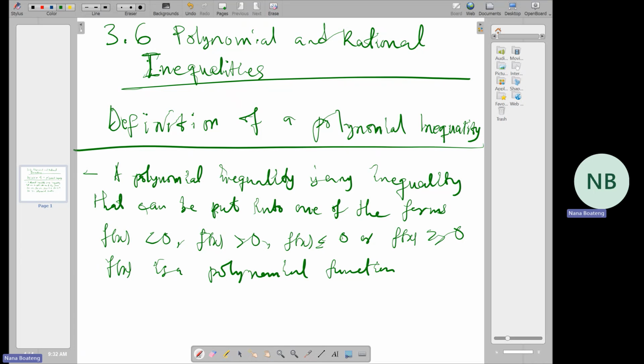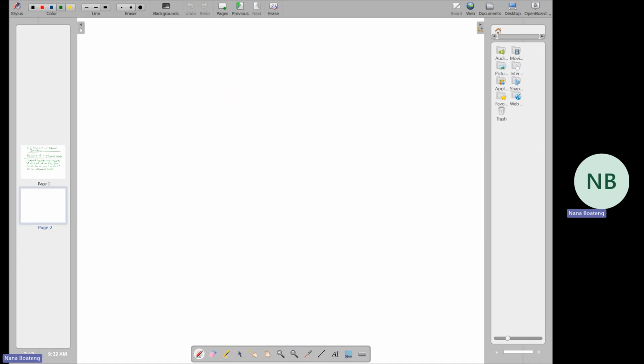All right, so let's look at the steps that we have to take in order to solve a polynomial inequality. Procedure for solving polynomial inequalities.